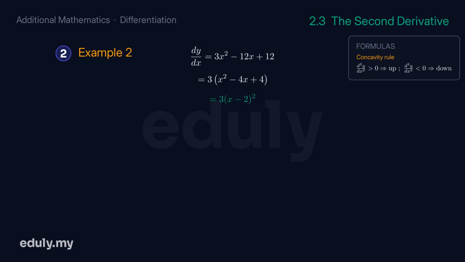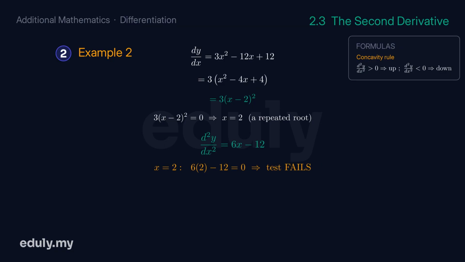Factor out the 3 first, leaving x squared minus 4x plus 4 inside the bracket, and that inner bracket is a perfect square, x minus 2 squared. So dy over dx is 3 times the bracket, x minus 2 squared. Setting it to 0 gives one stationary value, x equals 2, a repeated root.